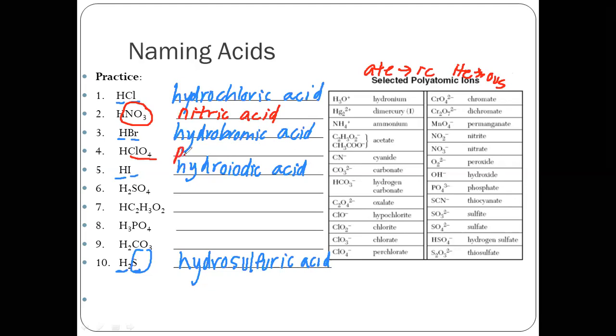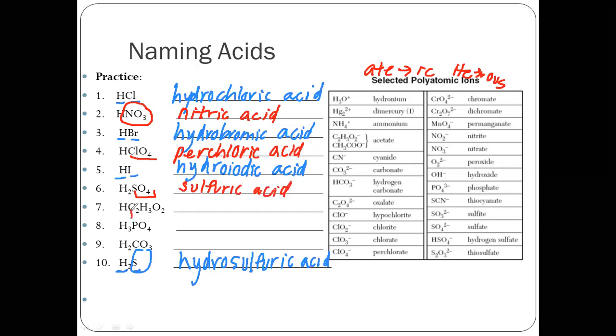So instead of perchlorate, drop the ATE and you're going to add IC, perchloric acid. H2SO4, so this is another sulfur one that's kind of a weird one. Sulfate. So instead of calling it sulfic acid, it's going to be sulfuric acid.